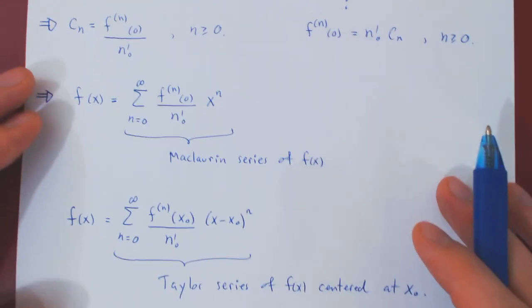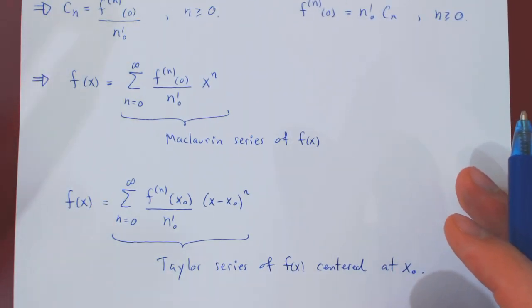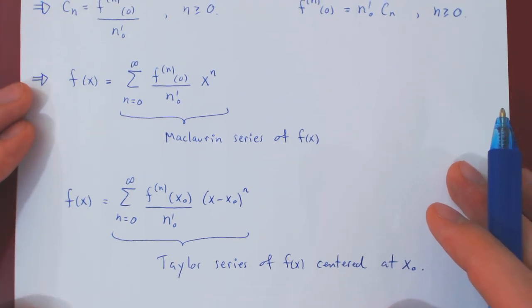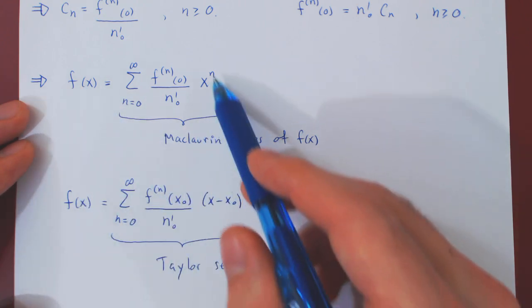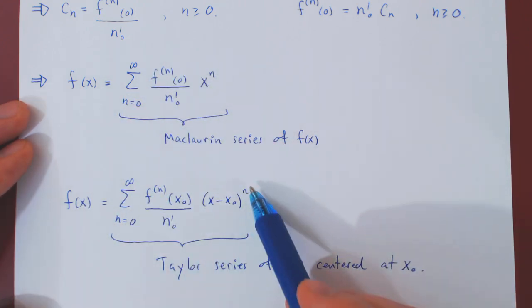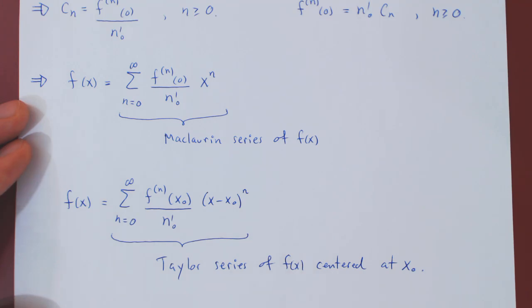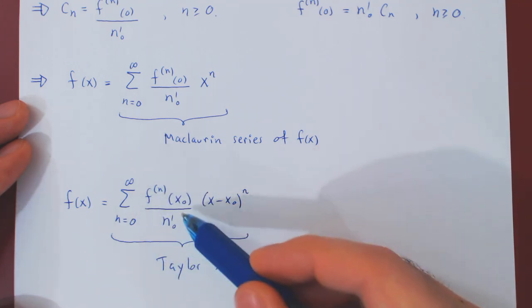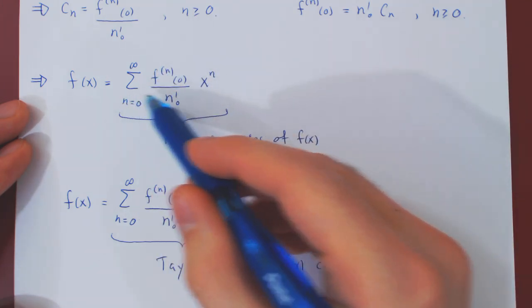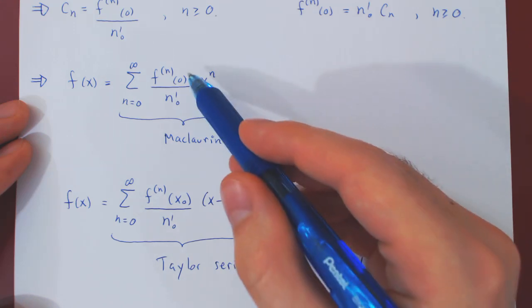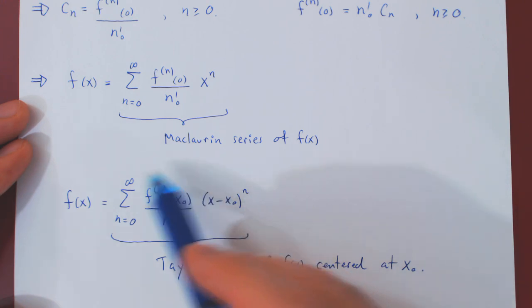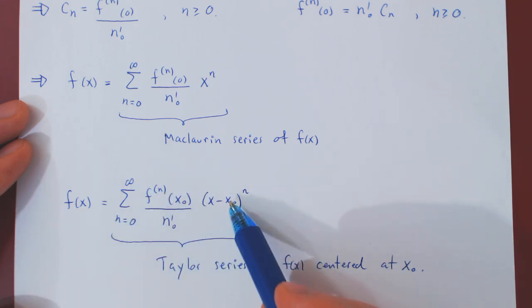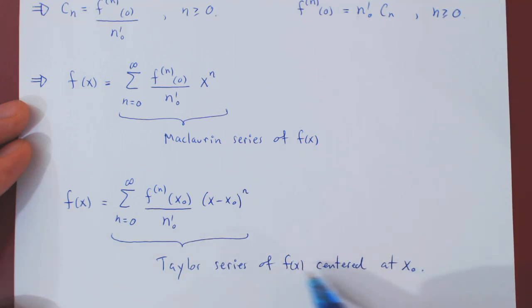Later on, we will look at, as I've said before, Taylor's theorem, which will tell us under what conditions it is possible to express a function as a power series. But the great thing is whenever this is possible, here's how you can find systematically the power series expansion around 0, namely the Maclaurin series, or a power series expansion around a different center, namely the Taylor series, centered at x0. And that's it.